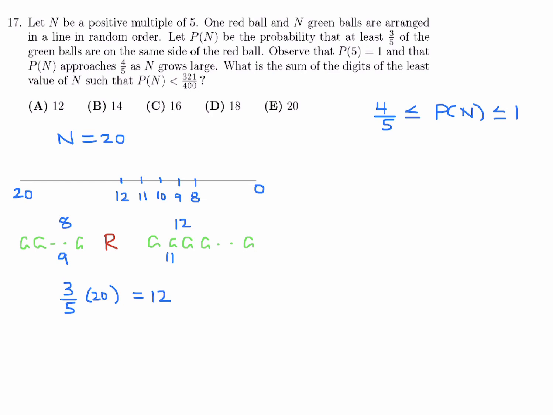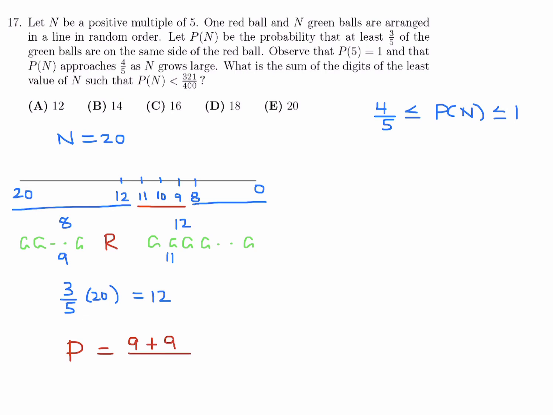Okay. So now, what is the probability that at least 3/5 are on the same side when n is equal to 20? Remember, the count on one side has to be an integer. It can be anything from 0 to 8 or 12 to 20. The only bad ones are these three. So 0 to 8 is 9 numbers, and 12 to 20 is another 9 numbers.